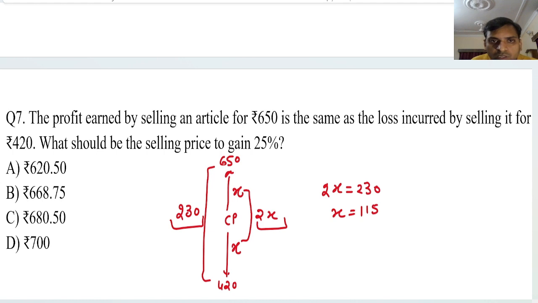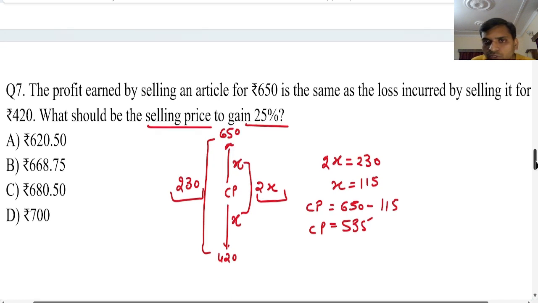So this means if you subtract this 115, which is x, you can find CP. So the selling price is 650 and the profit is 115, which is x. So the CP is 535. Now we need to find the selling price to gain 25%. So 25% of CP is added to find the selling price.